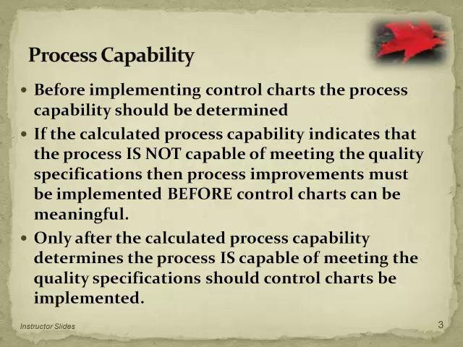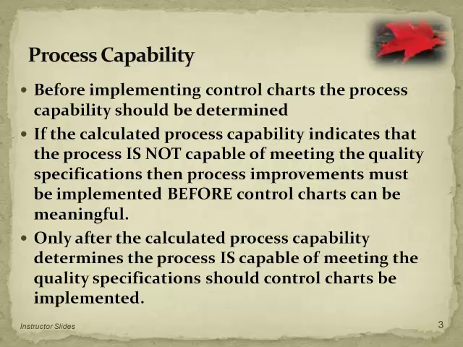So before we can implement a control chart, we need to first establish that the process is even capable of producing a quality part. And if it's not, then we need to study why that is and what can be done to improve the process and reduce the variability and other things so that we do have a process that truly is capable of producing a quality part and meeting the quality specification.